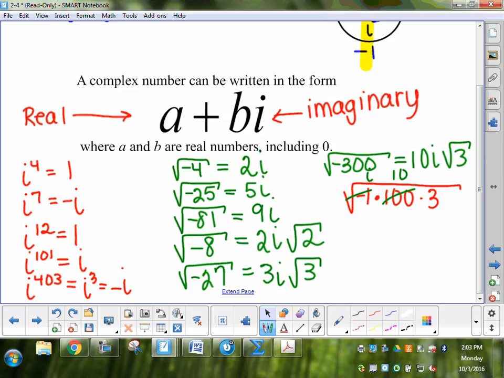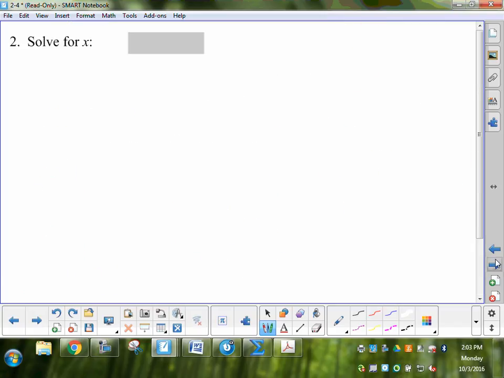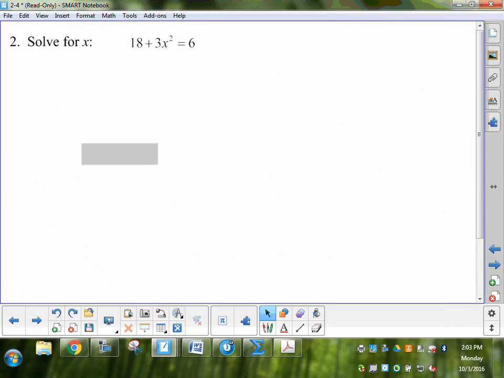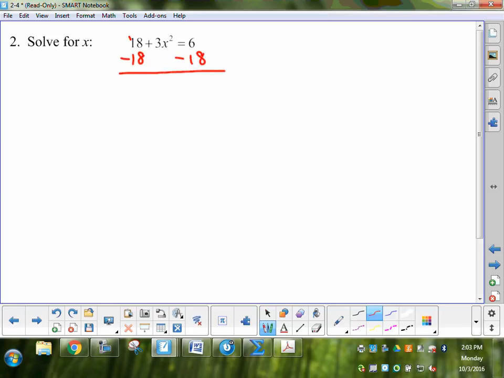Now that we have that, we should be able to rip through pretty much all of our questions today. Take a look at question number 2. We've got 18 plus 3x squared is equal to 6. What would we do next from here? Deanna, what would you say? And what would you be left with? What's your new equation going to look like?